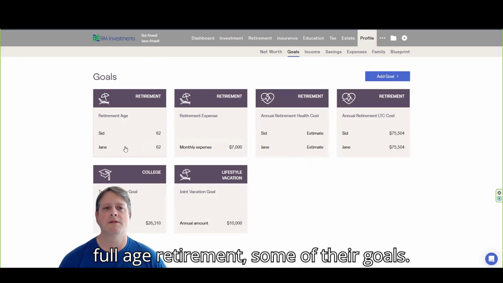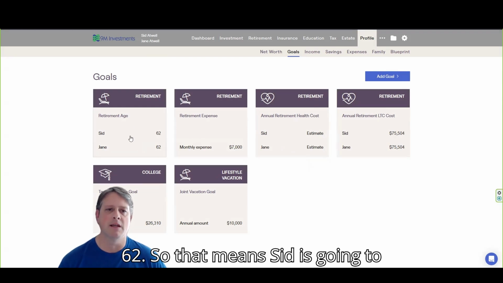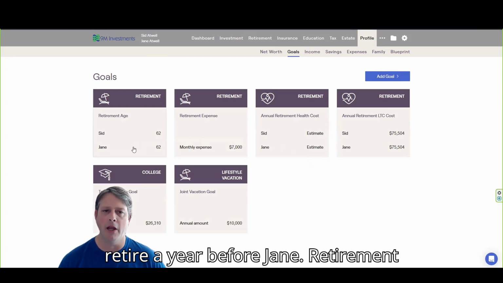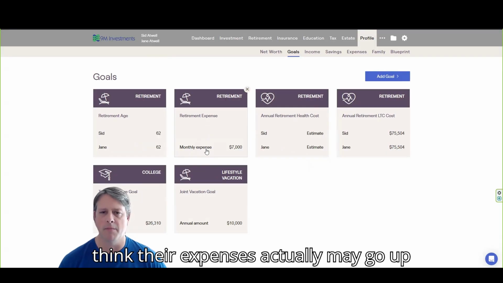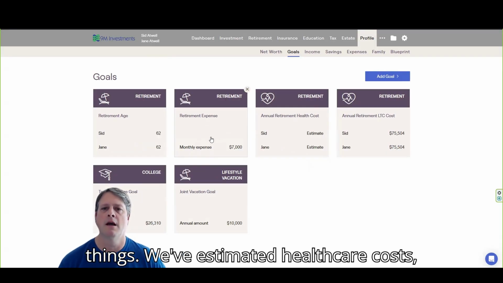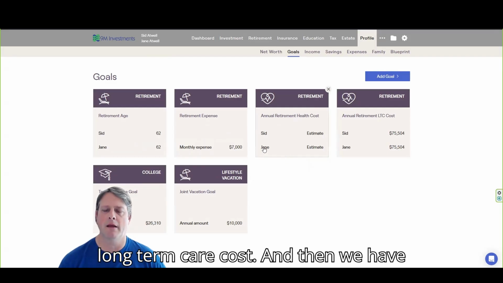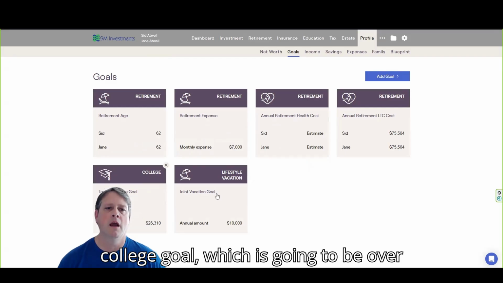Some of their goals: they both want to be done at 62. That means Sid is going to retire a year before Jane. Retirement expenses outside of their mortgage, they think their expenses may actually go up because they'd be doing more things. We've estimated healthcare costs, long-term care costs, and then we have some goals.